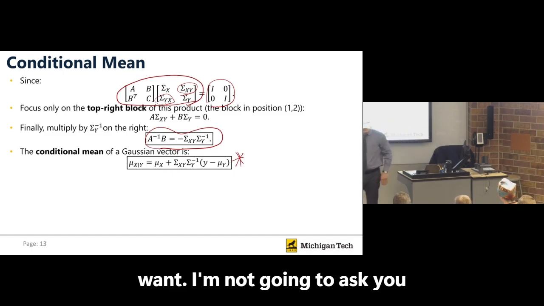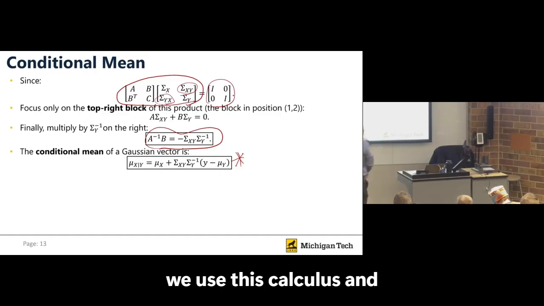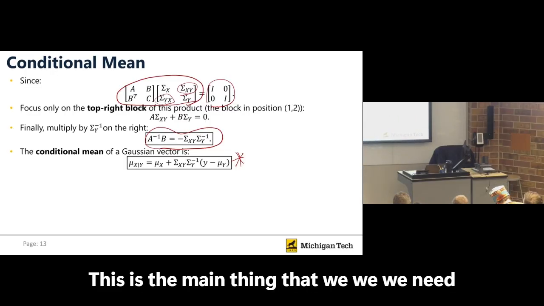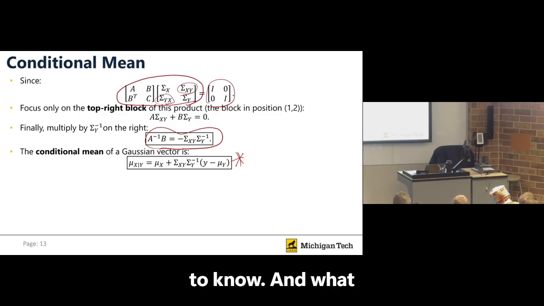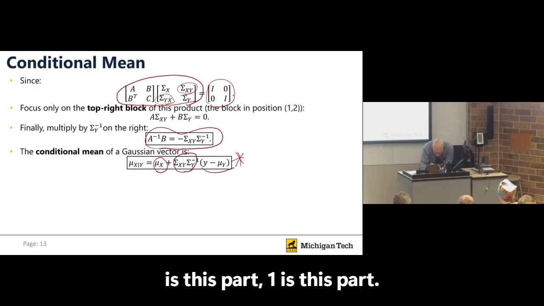I'm not going to ask you how to compute this, but you need to know how we use this calculus and linear algebra to get this. This is the main thing that we need to know. And what it shows is that mu xy is mu x plus something new. This something new has two parts. One is this part, one is this part.